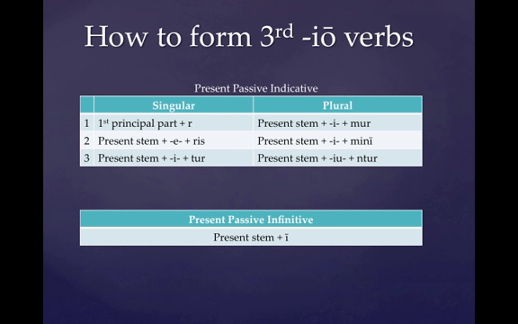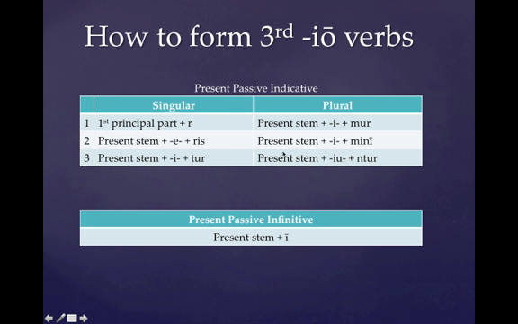Third person singular is going to be the present stem plus I plus ter. First person plural, present stem plus I plus MUR. Second person plural, present stem plus I plus mini. And then third person plural is present stem plus IU plus NTUR. So again, a way in which it looks like the fourth conjugation.